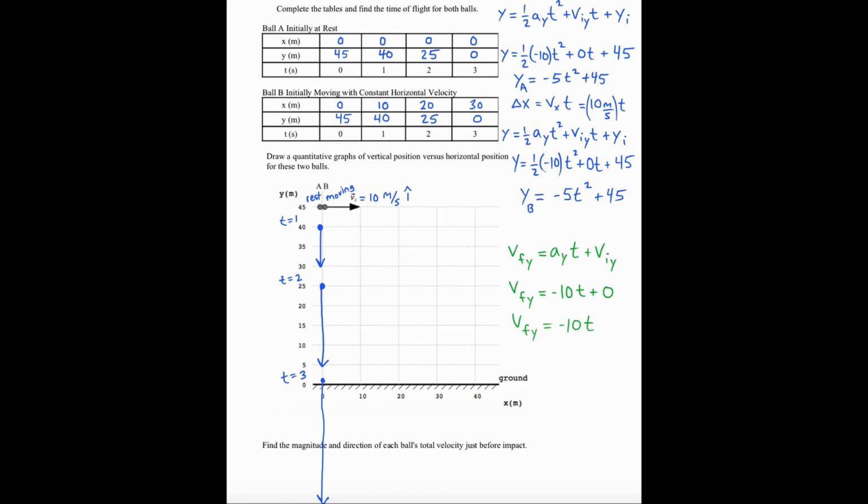What does that mean? It means the balls will fall side by side, and they will hit ground at the same time. Okay, we can sketch the path.